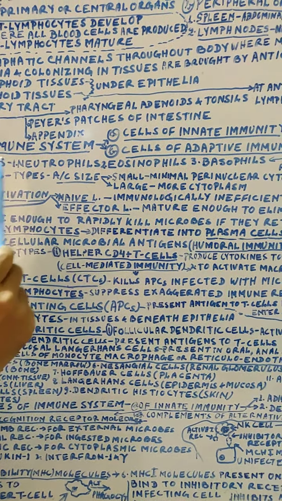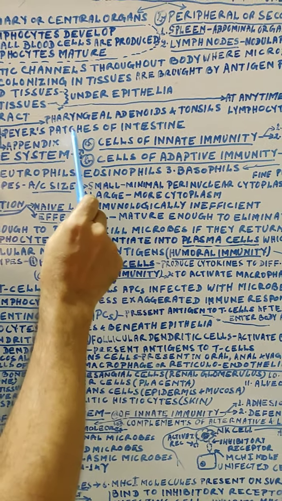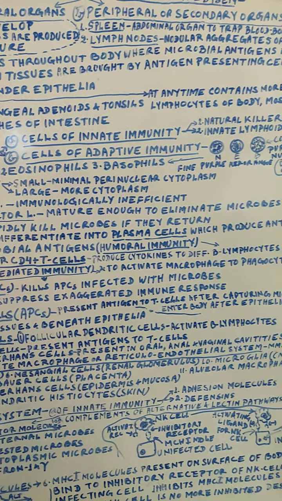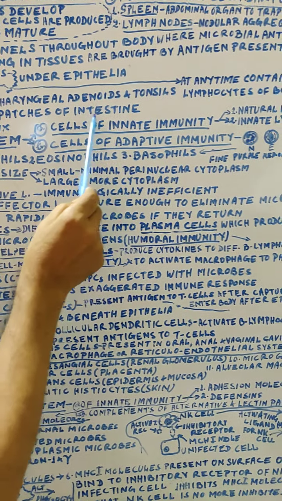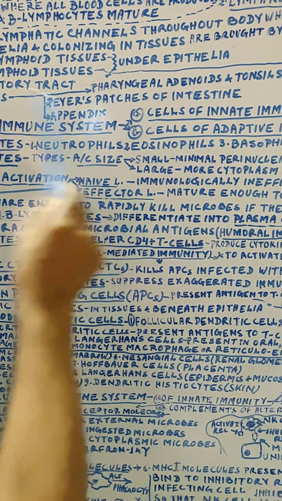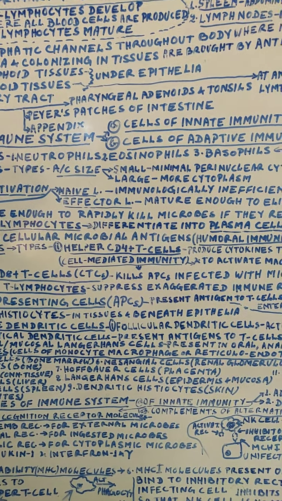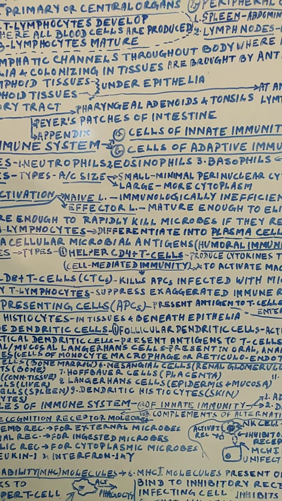In the gastrointestinal tract, you know the major lymphoid organs are the pharyngeal adenoids and tonsils, Peyer's patches of the intestine, and appendix. These are the lymphoid organs present in the epithelium of the gastrointestinal tract.